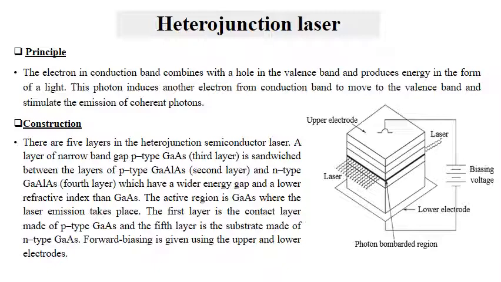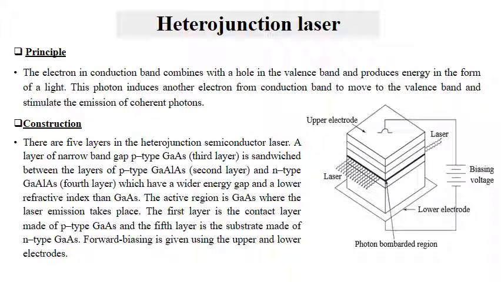A layer of narrow bandgap p-type gallium arsenide, which is the third layer, is sandwiched between layers of p-type gallium arsenide, the second layer, and n-type gallium aluminum arsenide, the fourth layer, which have a wider energy gap and a lower refractive index than gallium arsenide.